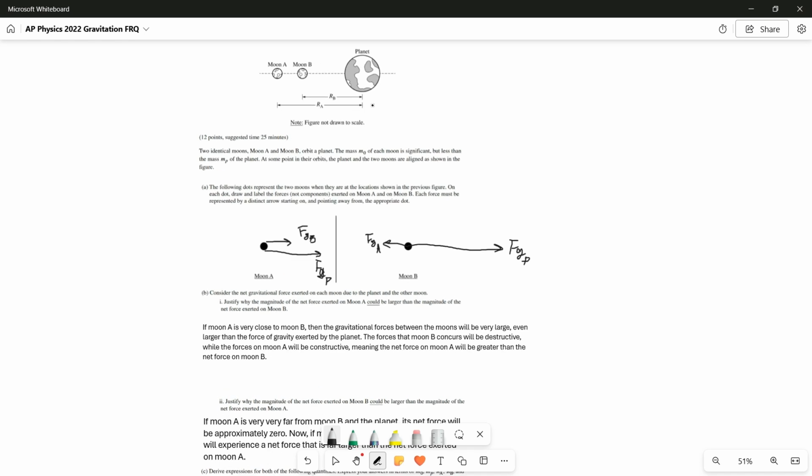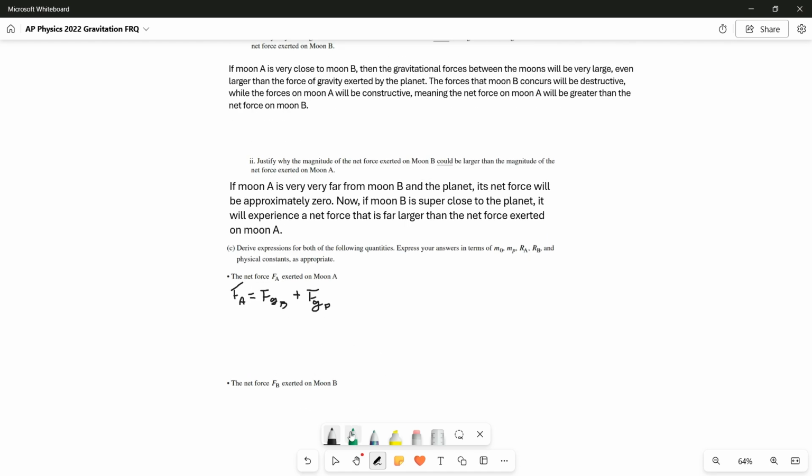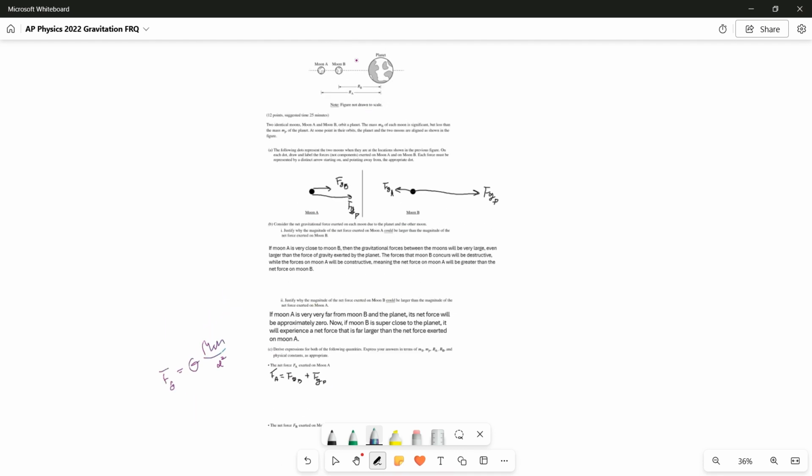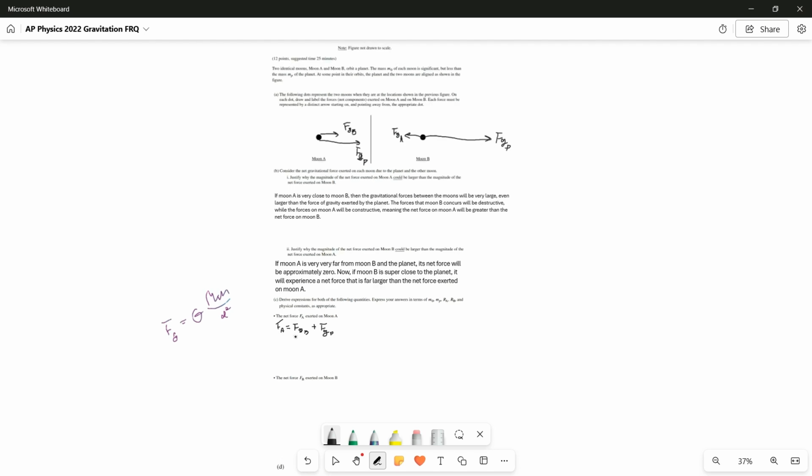And that really isn't too bad. We simply need to plug into our equation that Fg is equal to G big M small m over the distance separating the two bodies squared. We're already given all of these properties, so it really is just plug and chug.